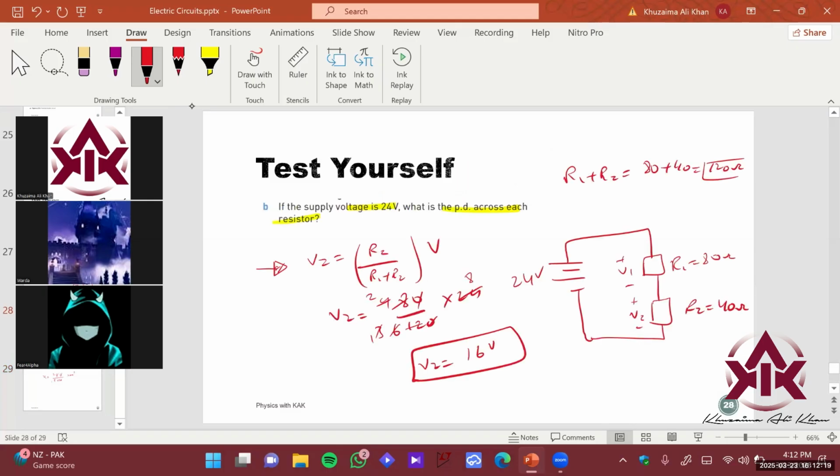Sorry, I have found V1 here. This is V1 here and this is basically R1 here. So this is 16 volts here.